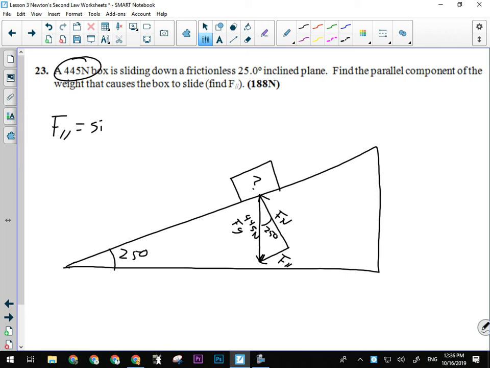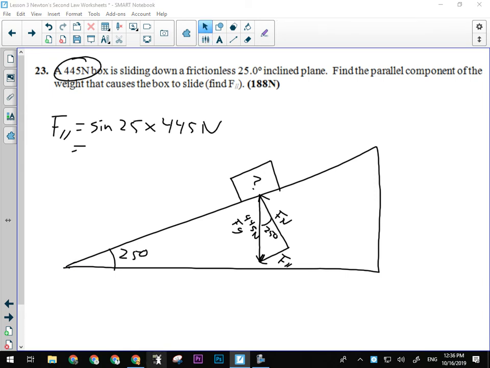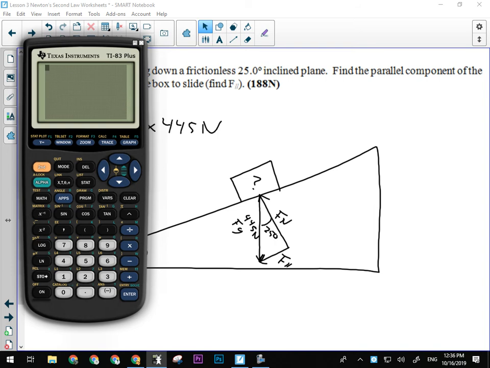So I'm going to go sine of 25 times the hypotenuse, which they told me was 445 newtons. That's how I calculate F parallel, in case we've forgotten from last week. So sine of 25 times 445 newtons, F parallel is 188 newtons.